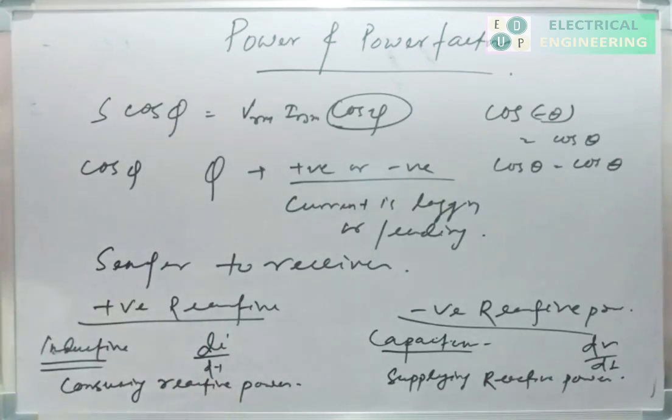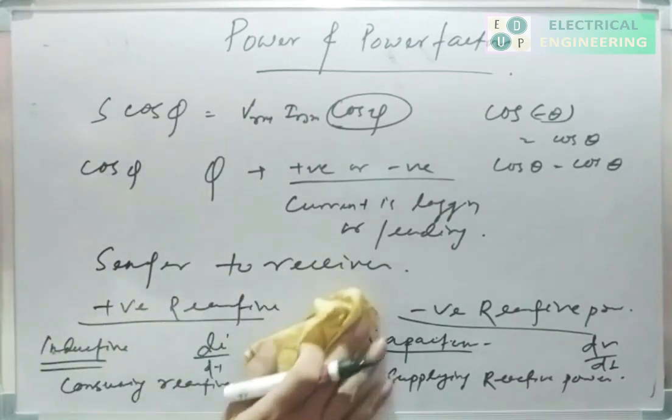So when the reactive power is consumed, we give a positive sign. When the reactive power is being supplied, we give a negative sign. So positive and negative signs have no mathematical meaning. We give them just to indicate consumption or supply. Okay, got it? So this is all about power.